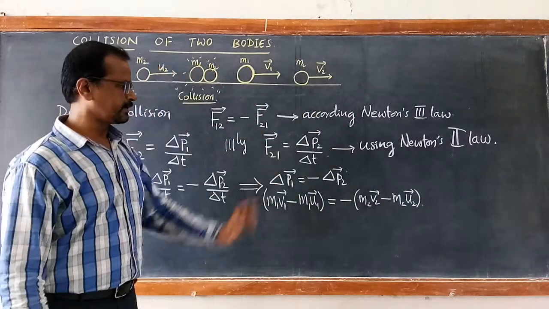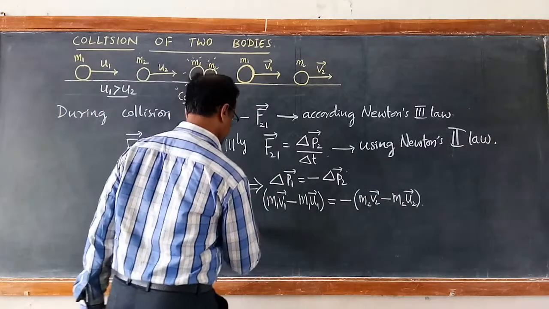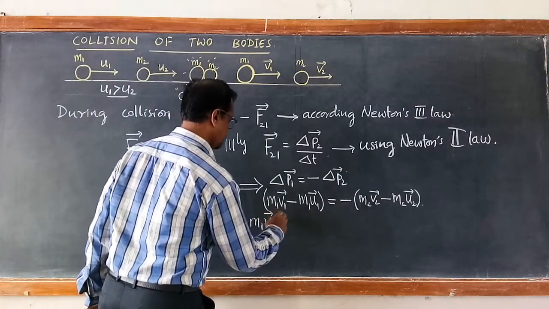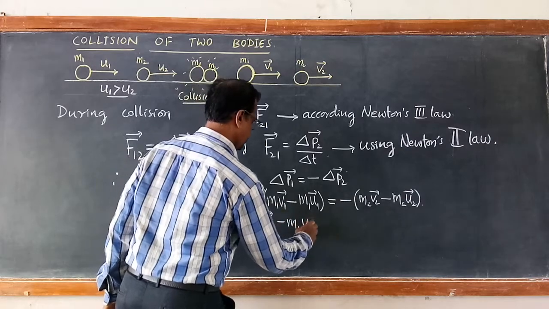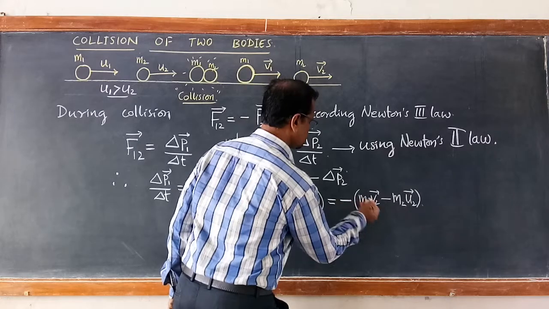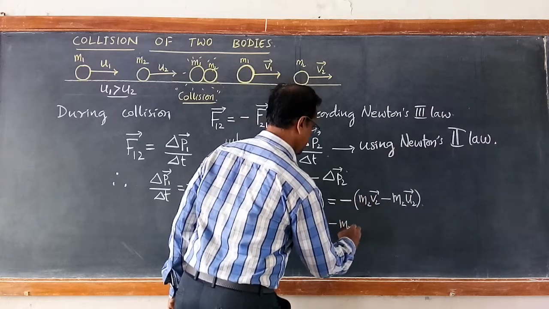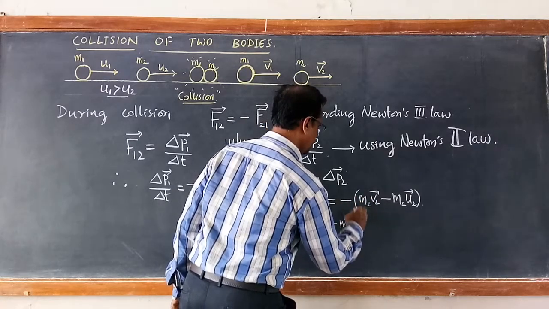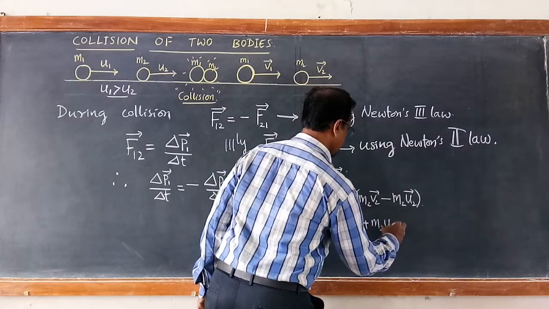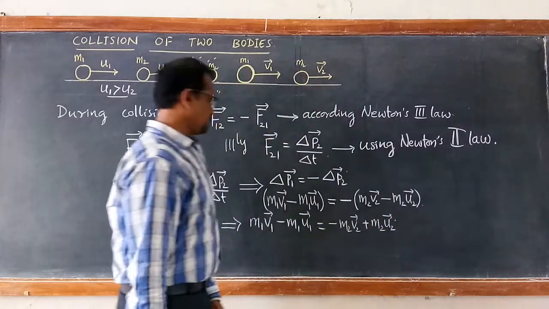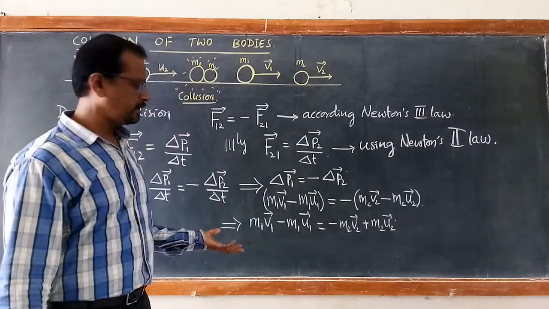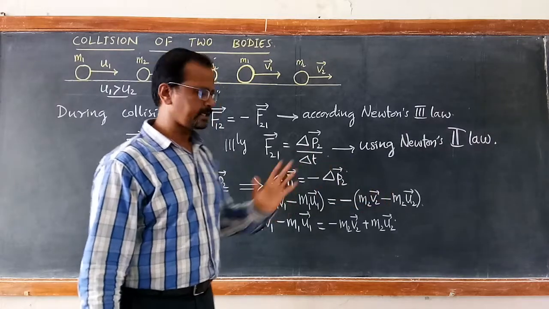Now you can simplify. This implies m1 v1 vector minus m1 u1 vector is equal to minus of m2 v2 minus of minus plus m2 u2 vector. Now club those final momentum on one side, initial momentum on another side.